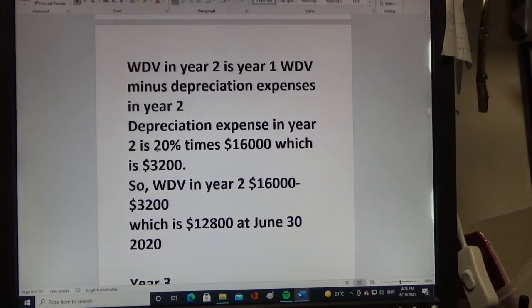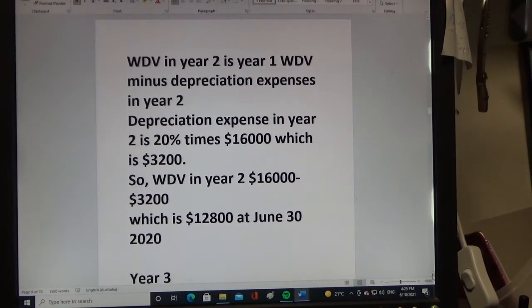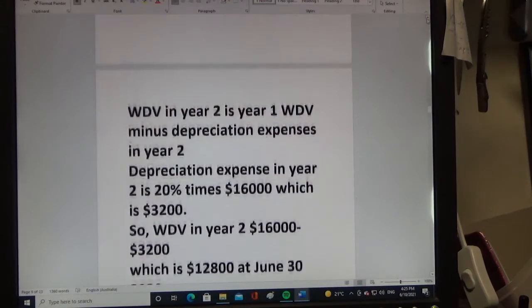This time round, it's 20% times the previous written down value, 16,000, which is 3,200 reduced depreciation expense. So to get the new written down value, you simply deduct the depreciation expense from the previous written down value back in the previous year, 16,000.